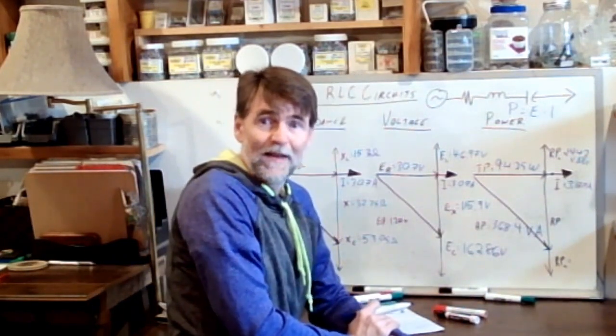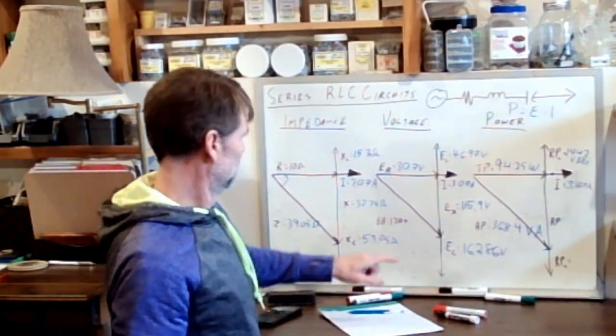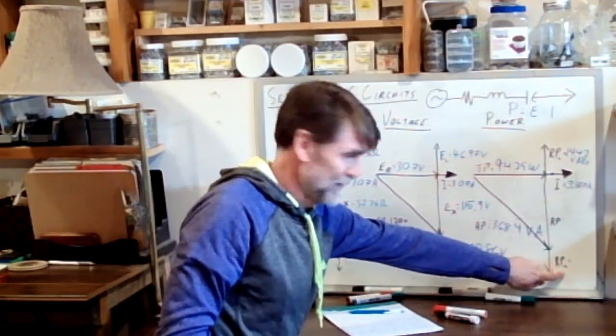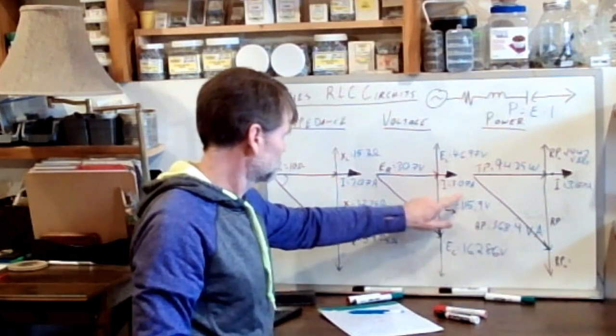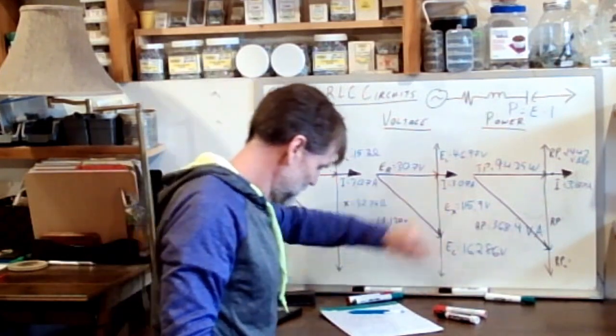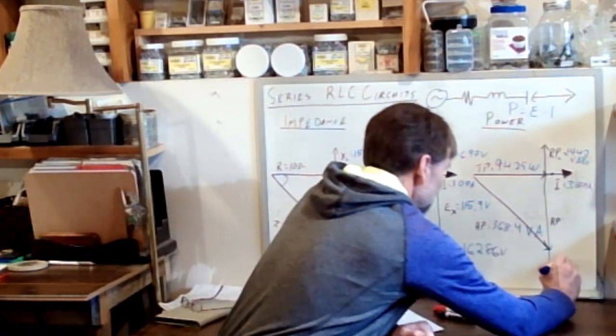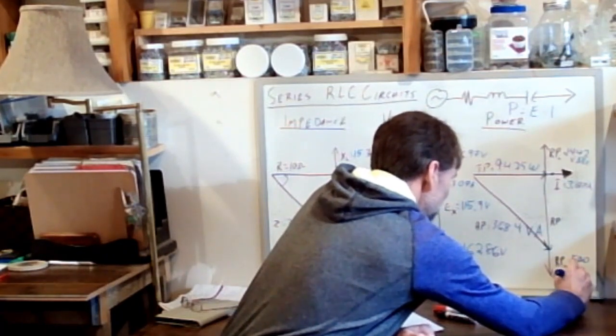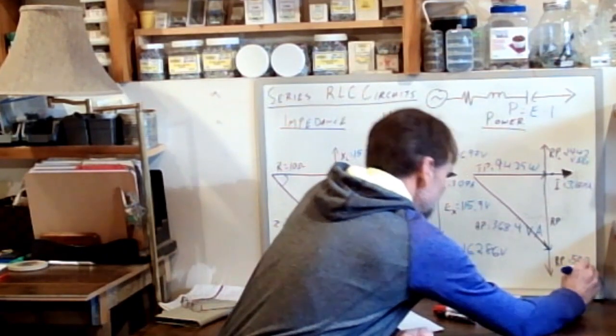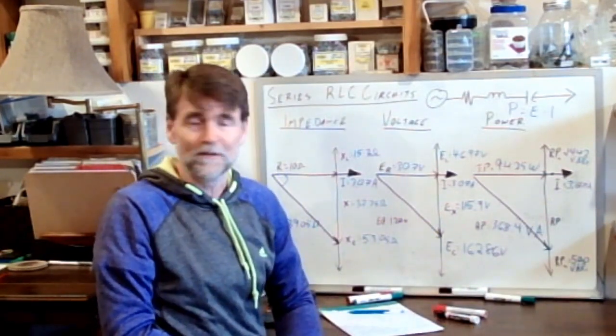VARs: volts, amps, reactive. Same thing down here for the capacitive VARs: 162.87 volts, multiplied by our current, gives us, and I'm going to round this to 500, and again, VARs. Same units, right? Volts, amps, reactive.